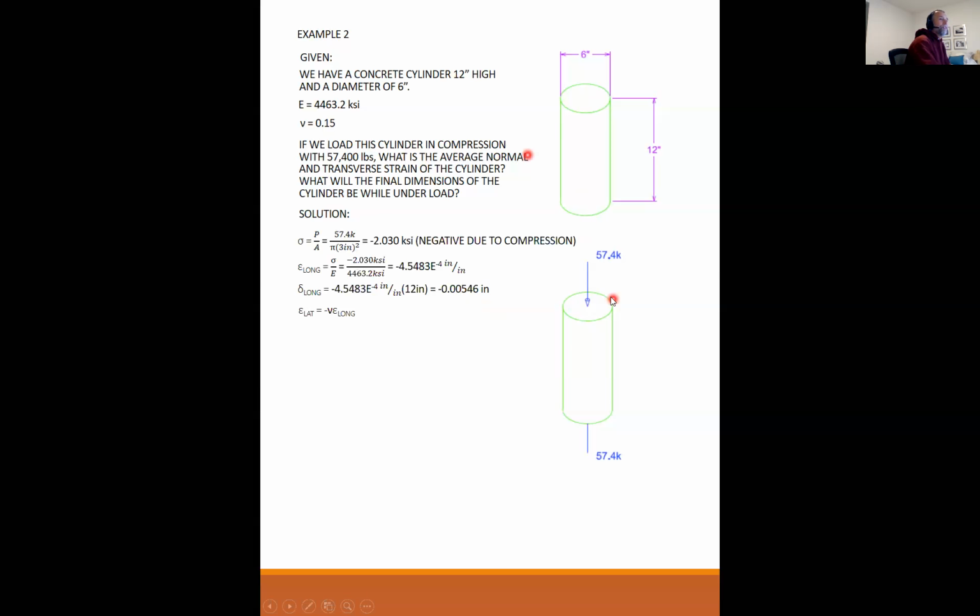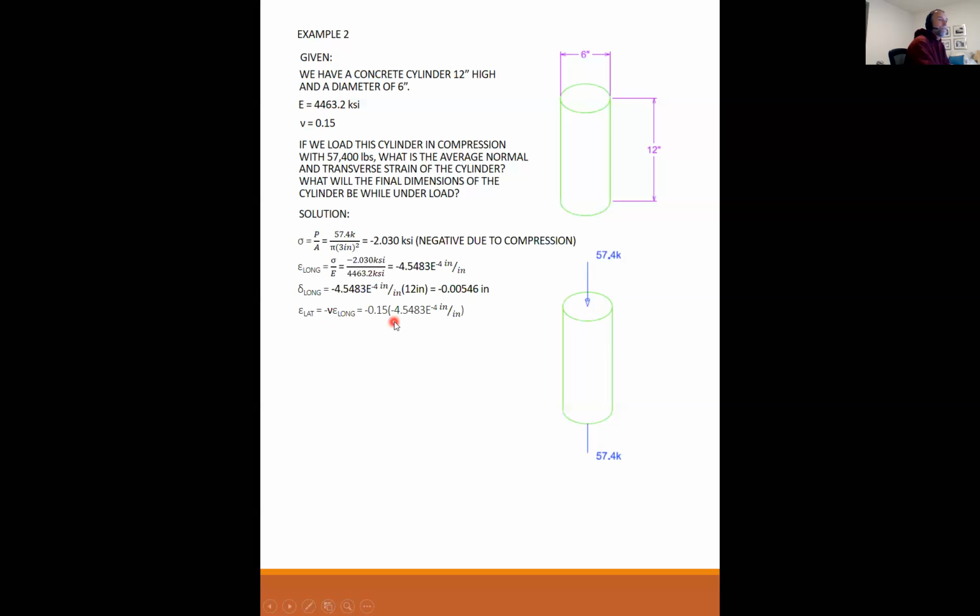Okay, so how much does the radius expand if the cylinder shrinks this much? Well, my lateral strain is equal to minus nu times my longitudinal strain. So minus 0.15 times minus 4.5483 e to the minus fourth yields 6.8225 e to the minus fifth inch per inch.